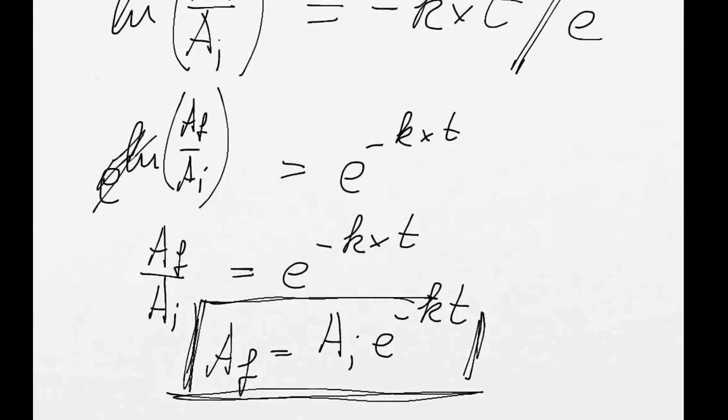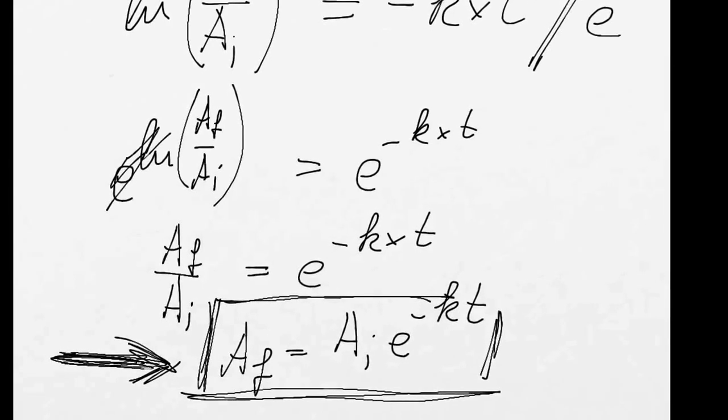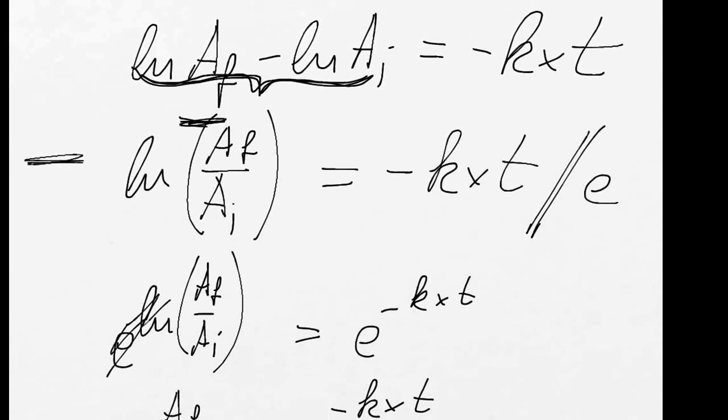Now this equation here is exactly the same as this equation here, which is exactly the same as this equation here, just a bit rearranged. So if you are familiar with this rearranging, you only have to learn one equation.